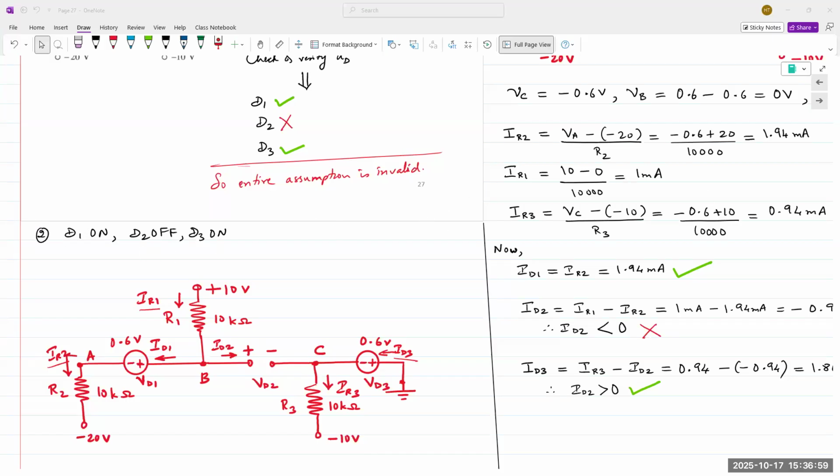We can find the currents again by applying Ohm's law to the resistance, right? But because we are assuming that D2 is off, we need to check for the diode voltage. If it is indeed off, then the diode voltage VD2 must be negative. There is no other way for it to be off. Okay, so it must be negative.